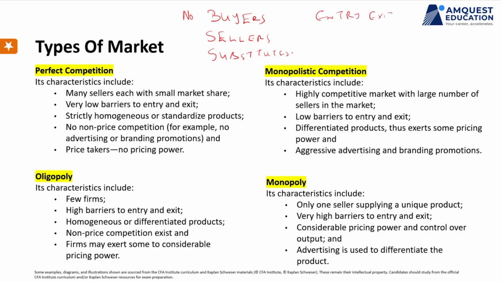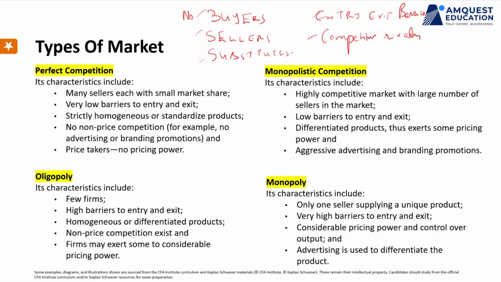So basically, can you enter and exit easily, or do you have barriers? That's also very critical. And obviously, when you have substitutes, you also look at competitive rivalry, right? What is the extent of competition that is there in the market? So if you understand these 5 factors, you will be able to distinguish between any type of competition.